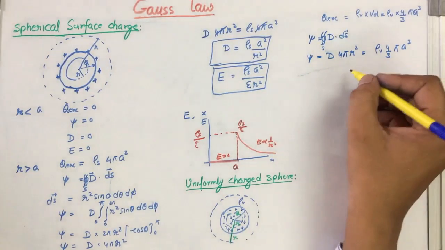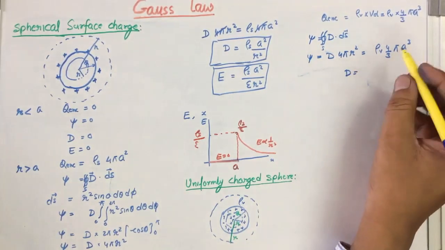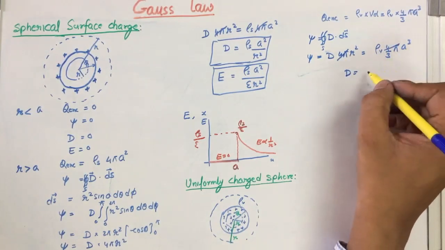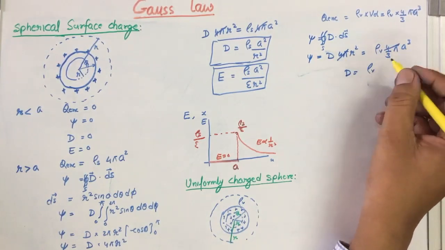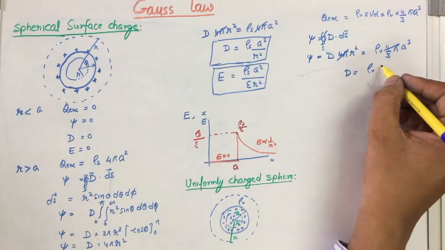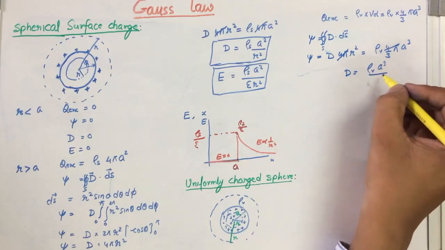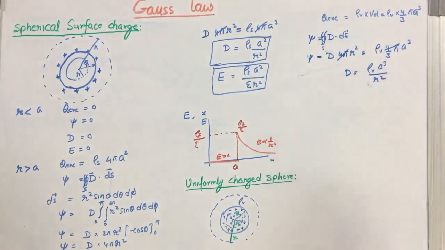Now simplify this. From here we can say 4 pi will be cancelled out. D will be the volumetric charge density rho v times a cube by r square.